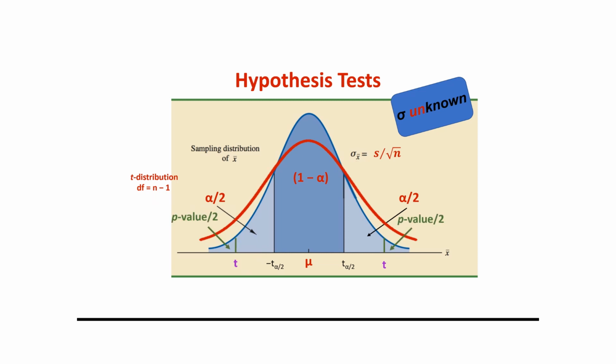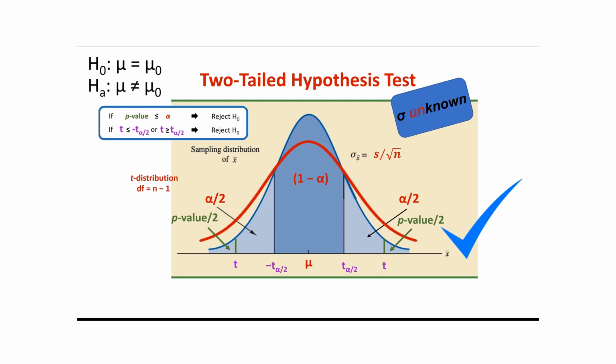We find our p-values using Table 2 in Appendix B of our text or by using T functions in Excel. Nothing else changes in the way we proceed to conduct the hypothesis test. On this slide, we have illustrated the rejection rules for a two-tailed hypothesis test when sigma is unknown.